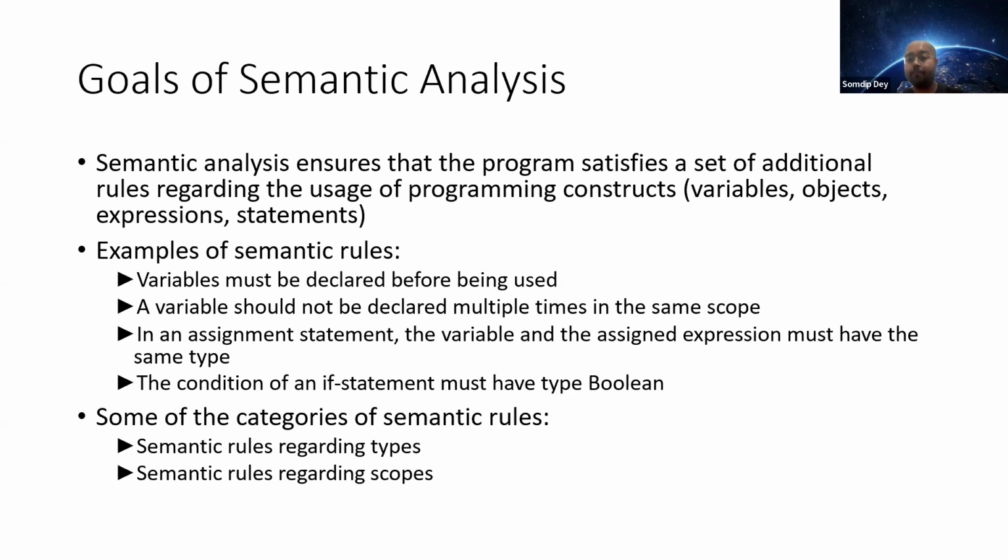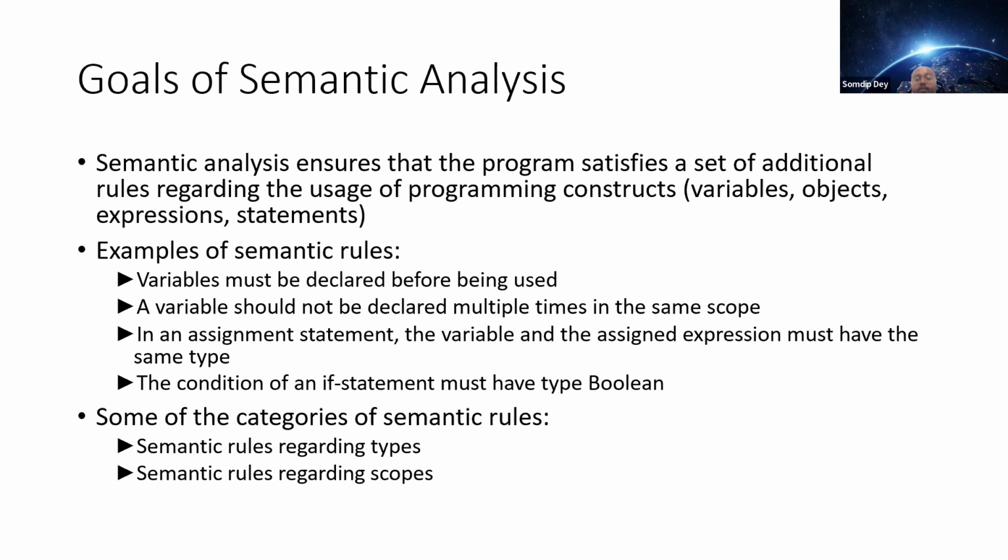Examples of semantic rules include: variables must be declared before being used, a variable should not be declared multiple times in the same scope, in an assignment statement the variable and the assigned expression must have the same type, and the condition of an if statement must have a Boolean type.